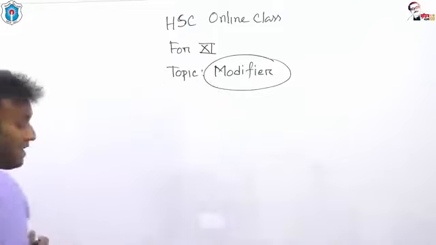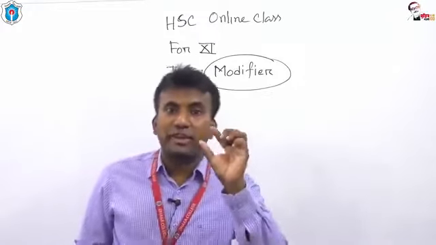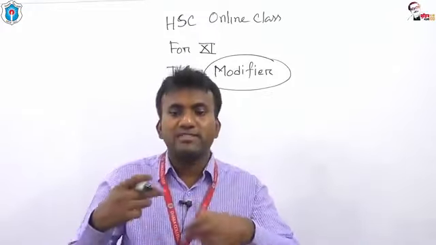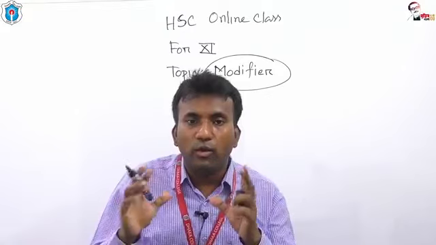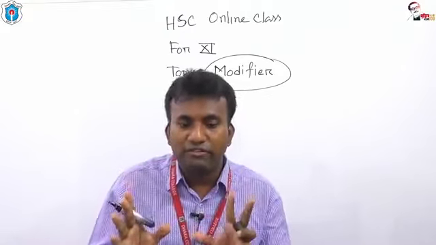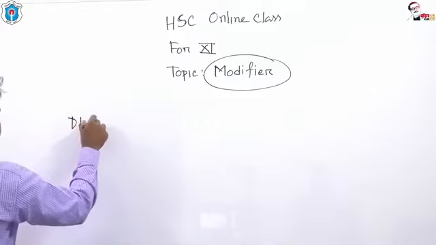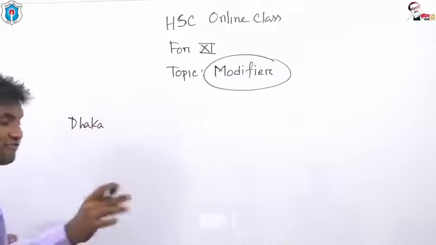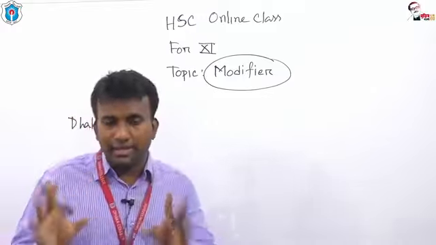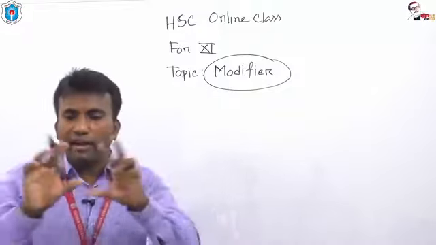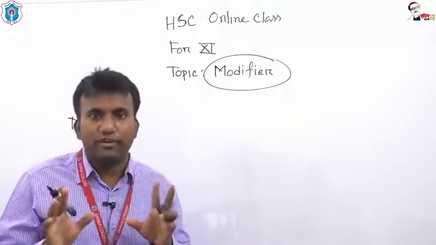Look at please, I'm going to give you some examples, and with examples I want to make clear what modifier is. After I have written the examples, I will give you a clear-cut definition of modifier, but not now.